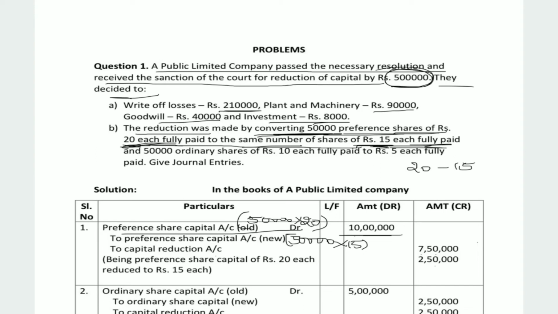I repeat the entry. Old preference share capital account debit, that is 50,000 into 20, to new preference share capital, that is 50,000 into 15, to capital reduction account, that is the difference between 10 lakh and 7,50,000, which is 2,50,000. So the narration will be: being preference share of rupees 20 each reduced to rupees 15.